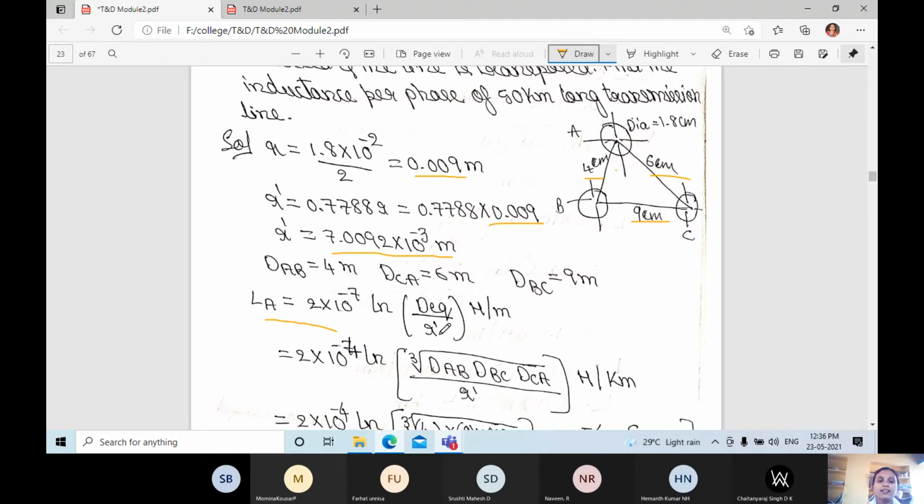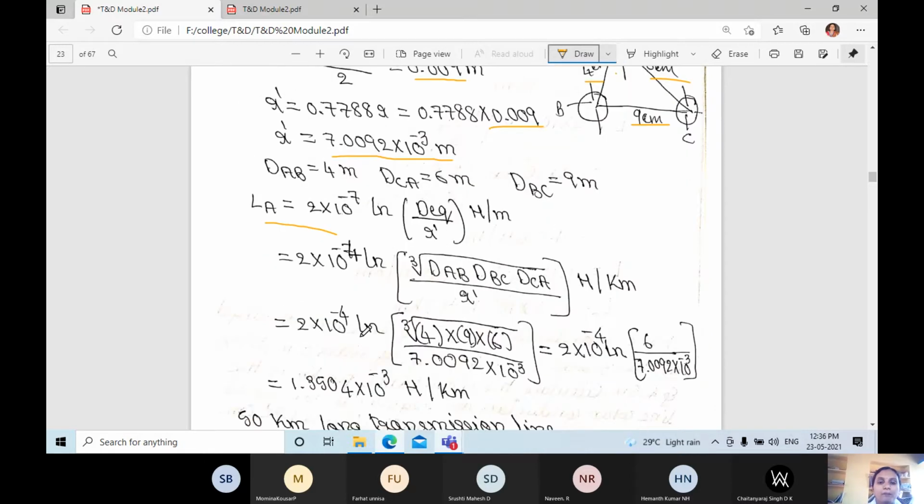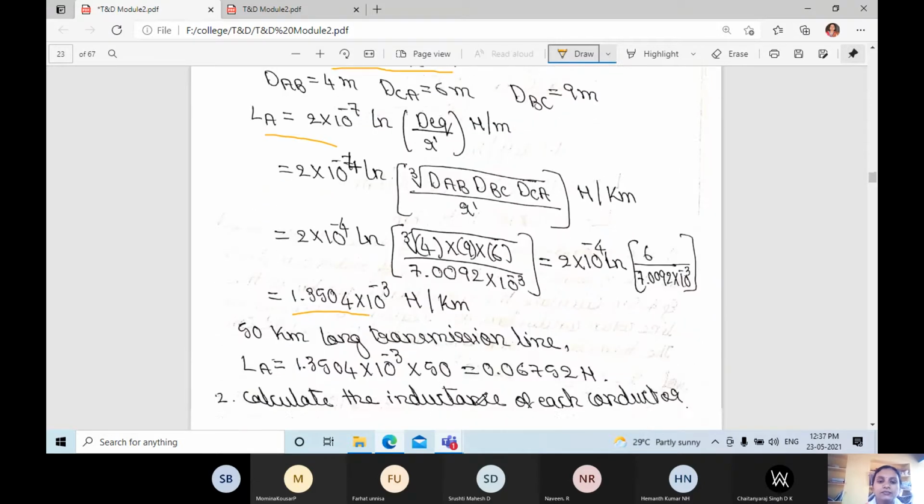Here it is 2 into 10 to the power of minus 4 because we want Henry per kilometer. So 2 into 10 to the power of minus 4 ln cube root of DAB, DBC, DCA divided by R dash. We know all the values. Substitute and you will get 1.3504 into 10 to the power of minus 3 Henry per kilometer.